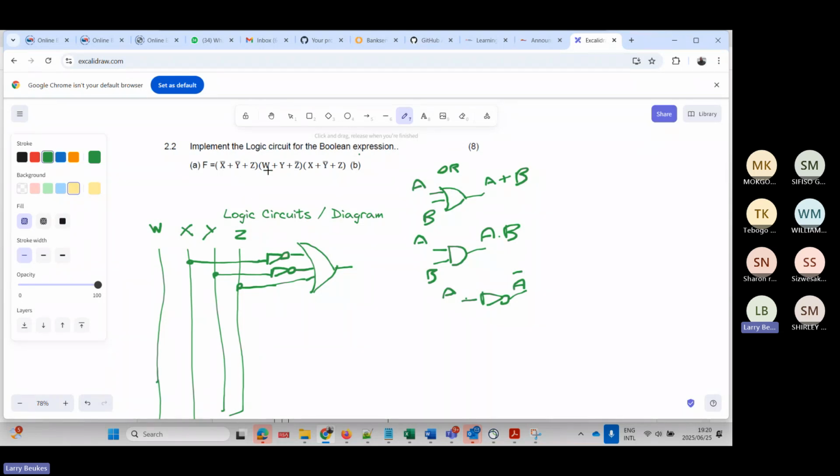Now we come to this one. This one is W, Y, Z not. So we take W, we take Y, then we take Z not. Because it's a not, we just need to invert it.